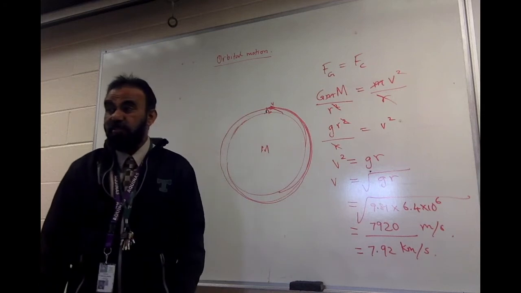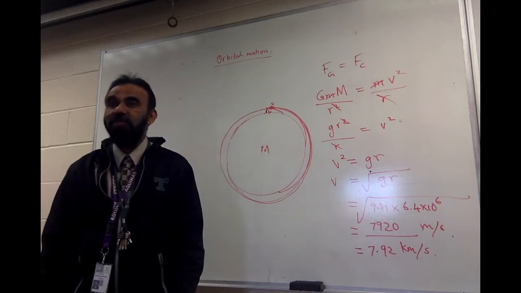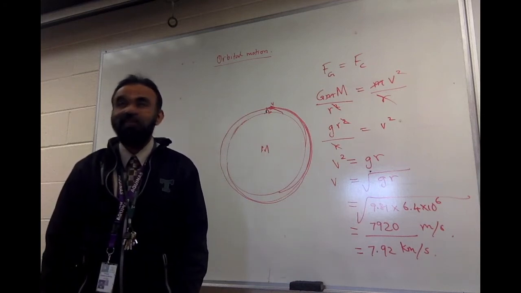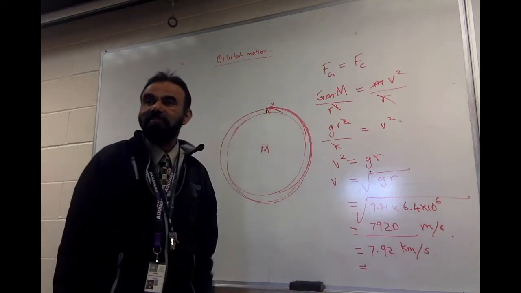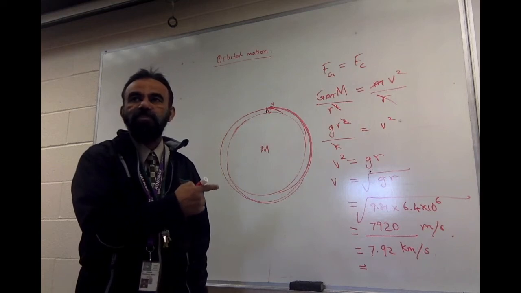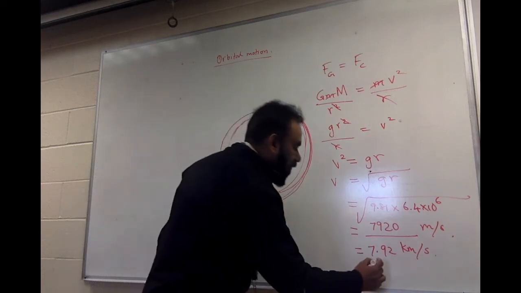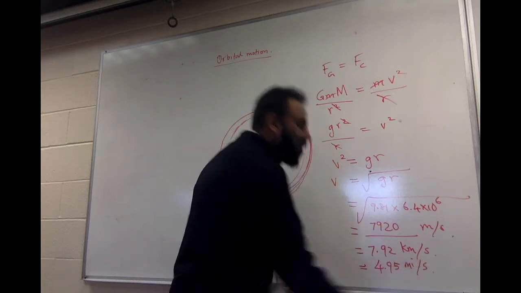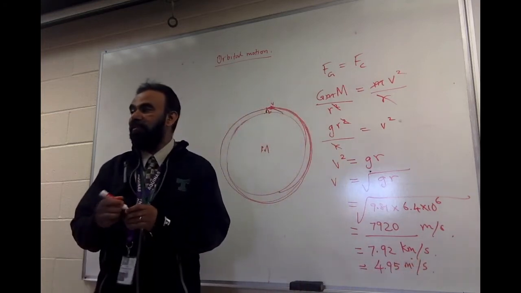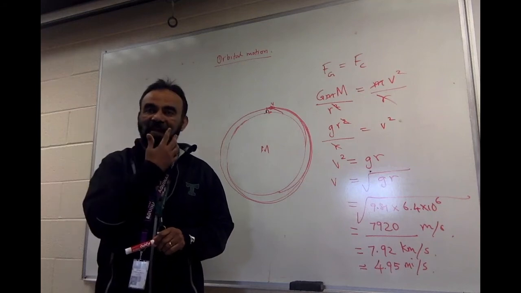Which is how many miles per second? What do you do? Divide by 1.6. What do you get there? 4.95 miles per second. If I can drive at that speed, then I'll be in orbit.